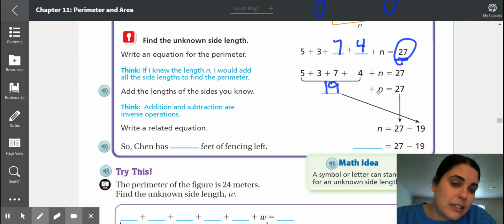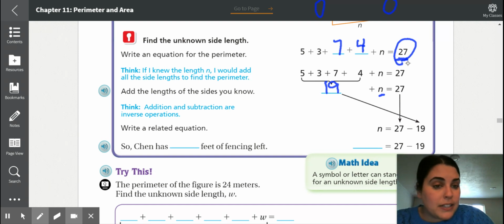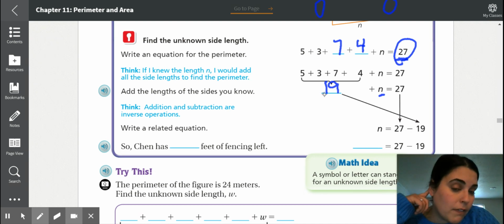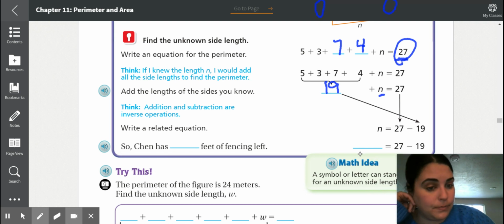Now we're still missing this n, so we need to find the difference. And one way to do this is to do 27. Now 27 is the total perimeter. 27 minus 19, since all of the sides that we do know add up to 19. So if we do 27 minus 19, we're going to get a difference, and that will be what n equals.